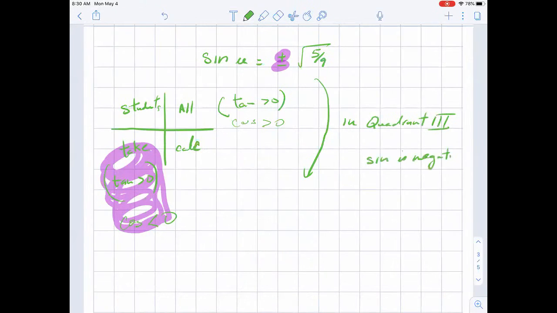So the correct answer is sine of u will be negative radical 5 over 3, or minus radical 5 over radical 9, or minus the square root of 5 ninths. But which one is better? This one here is the preferred answer.